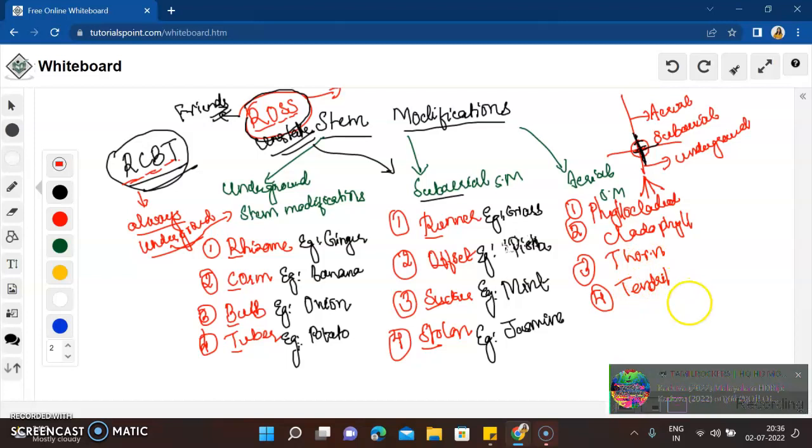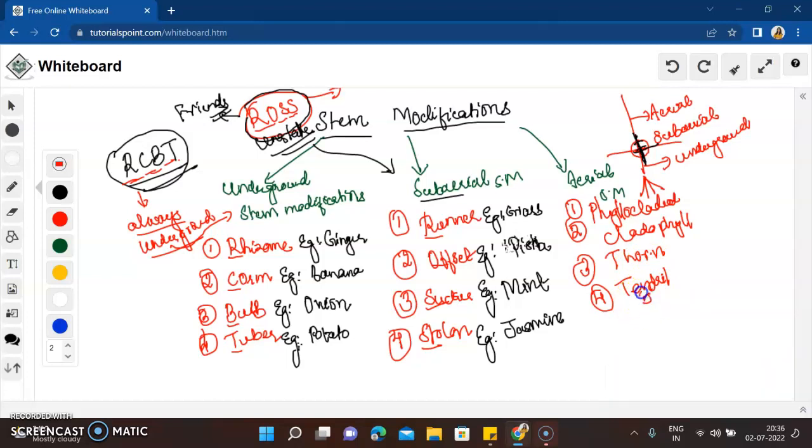Ignore my writing because you might find it a little messy. Thorn, tendril. Fifth one is the bulbils of agave, right? Yes, so phylloclad, cladophyll, thorns, tendrils, bulbil of agave, all these are examples of our aerial stem modifications.